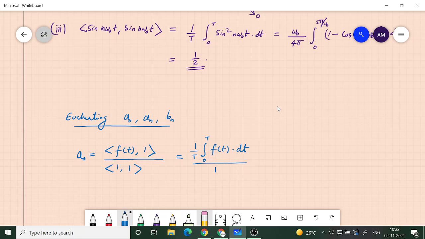Agree? Yes, sir. So this is 1 by T integral 0 to T f of t dt.